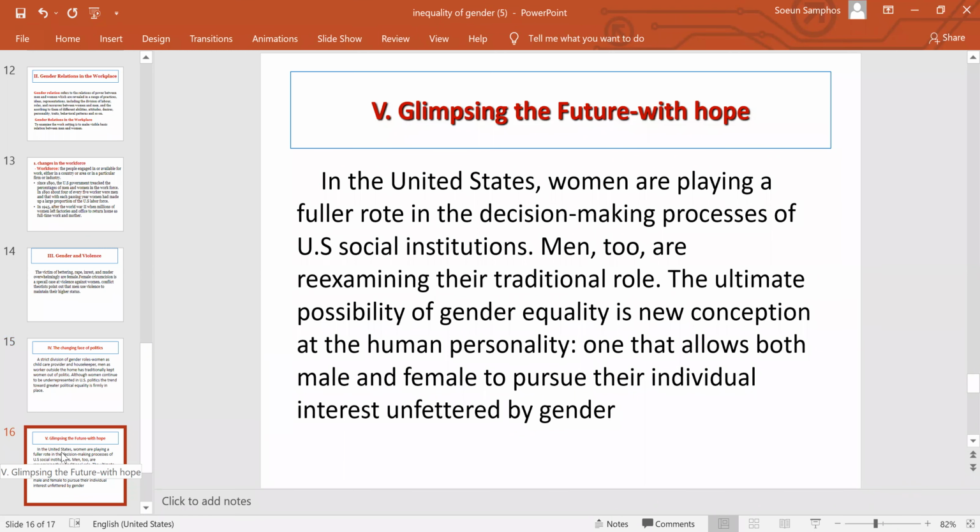In the United States, women are playing a fuller role in the decision-making process of social institutions. The ultimate possibility of gender equality is a new conception of the human personality, one that allows both male and female to pursue their individual interests unfettered by gender.